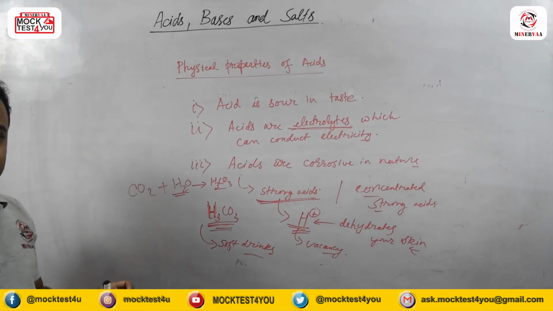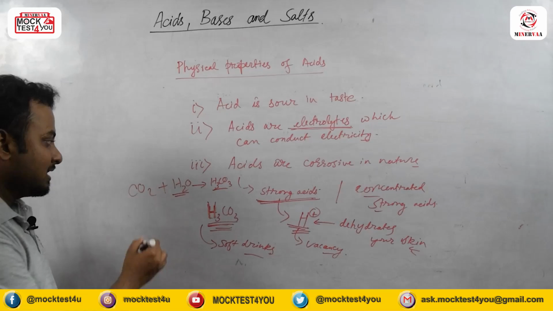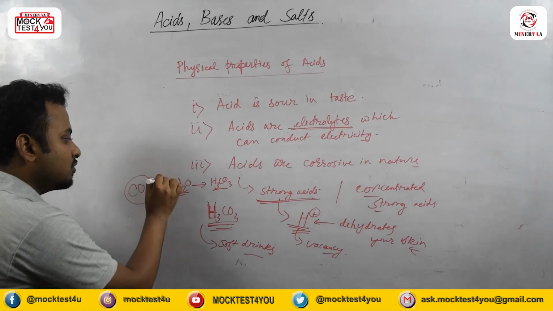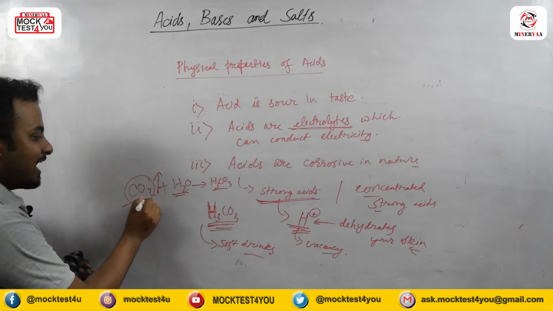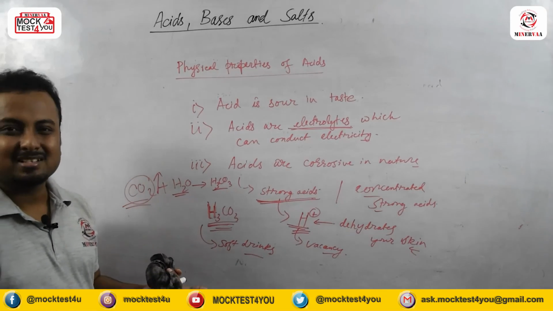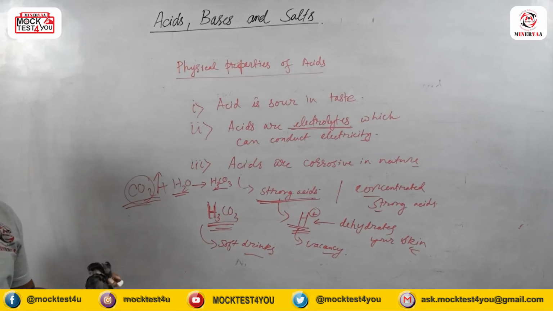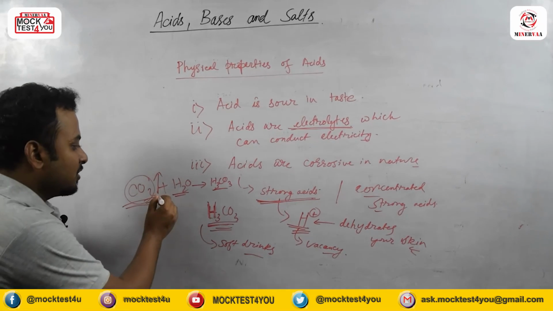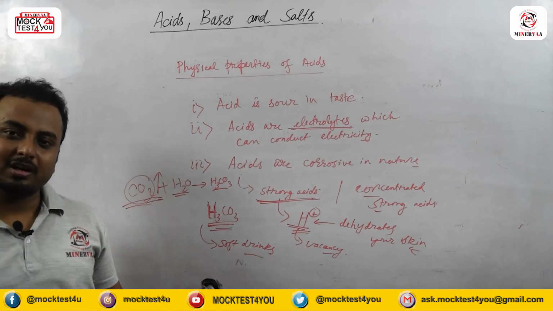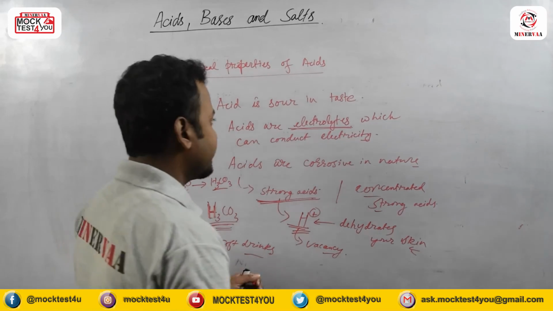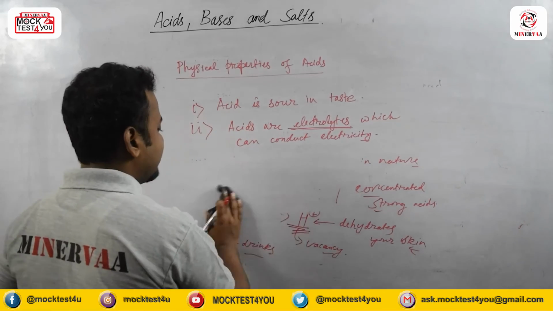When you open the bottle and keep it open for a long time, the dissolved CO2 gets evolved out of the soft drink bottle, and the initial taste is not there anymore. So if you keep the soft drink bottle open for a long time, it will lose its taste, because CO2 is getting evolved out from that solution.